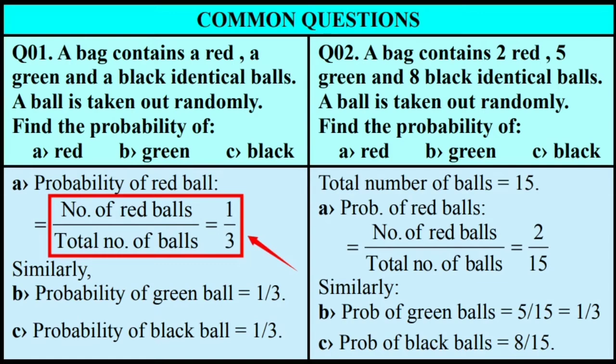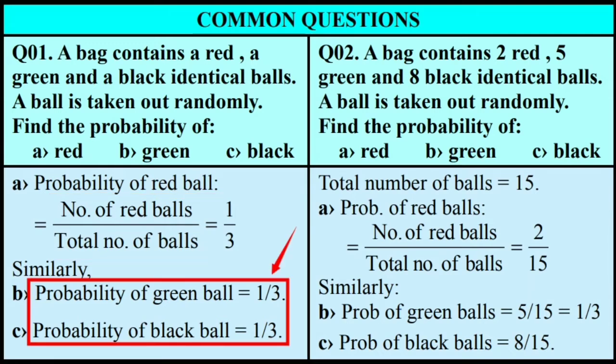Number A. Probability of red ball. Since only one red ball is there in the bag, the favorable outcome is 1 and all possible outcomes are 3. Hence the probability of a red ball is 1 by 3.